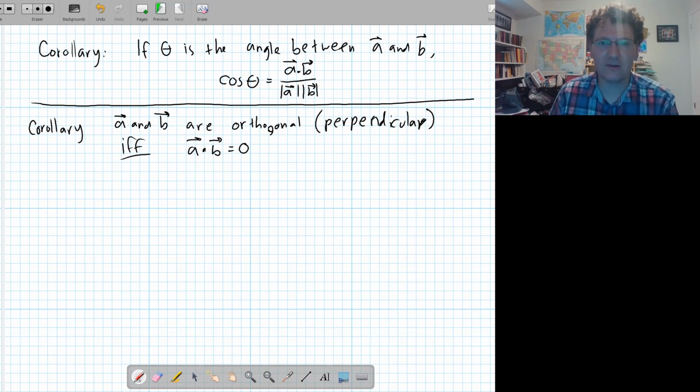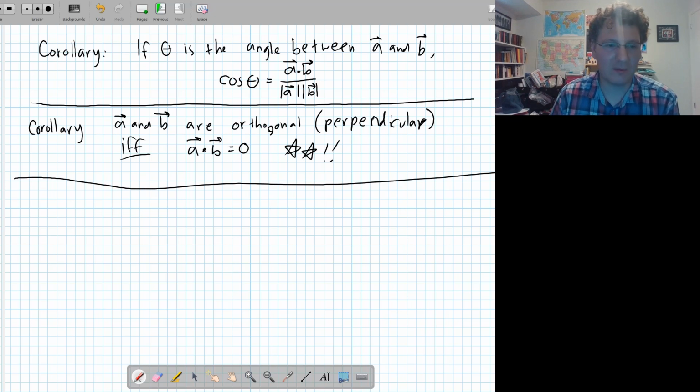So orthogonal vectors always have a dot product equal to 0, and that's going to be a big one. I'll put 2 stars and 2 exclamation marks. Okay.